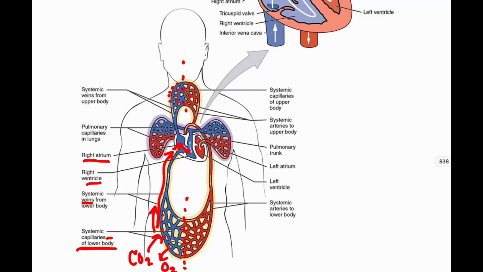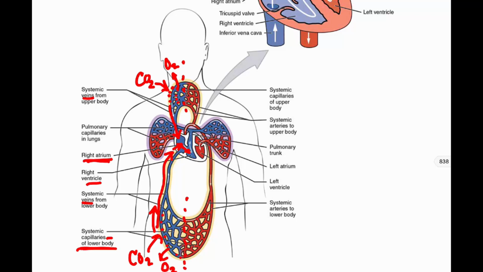Again, the same thing. We're dropping off our oxygen and putting our CO2 into the blood, so it's deoxygenated blood, gathering up into veins that go into the right side of the heart, into the right atrium, and then drop down into our right ventricle.